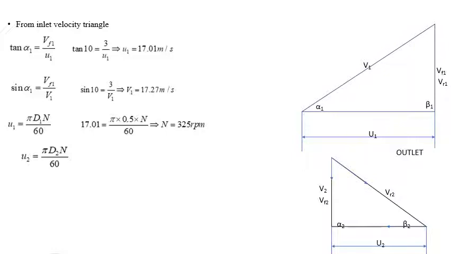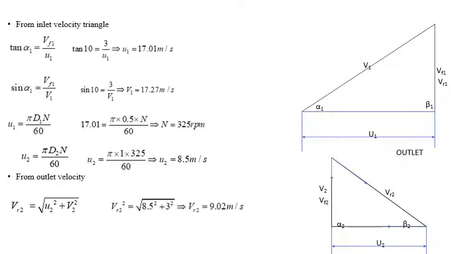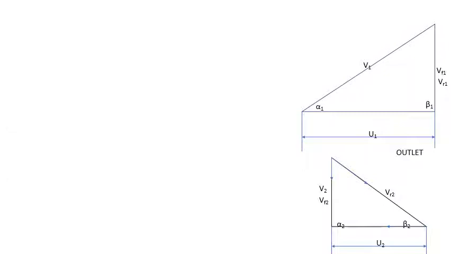Next, the tangential blade speed at exit is given by pi D2 N by 60, and U2 value is equal to 8.5 meter per second. From the outlet velocity triangle, Vr2 is equal to square root of U2 square plus V2 square. By substituting the values here, we can find the value of Vr2 is equal to 9.02 meter per second.